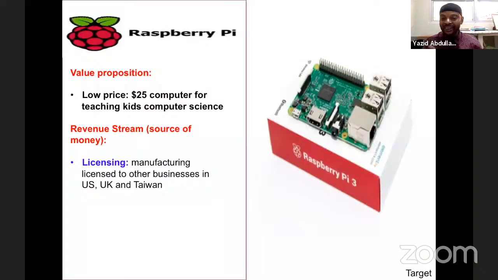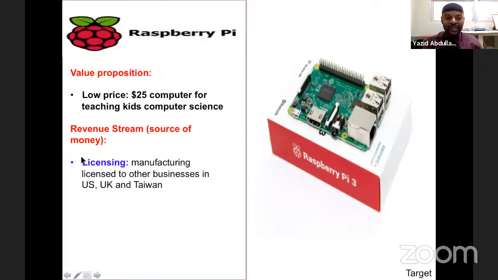Actually, the main revenue stream for them is not through targeting individuals, it's through licensing. You remember I mentioned the word licensing? So instead of selling, initially when they started, yes, they started as business to customers, targeting individuals. But when they saw that they could not manufacture enough units, they changed the business model.